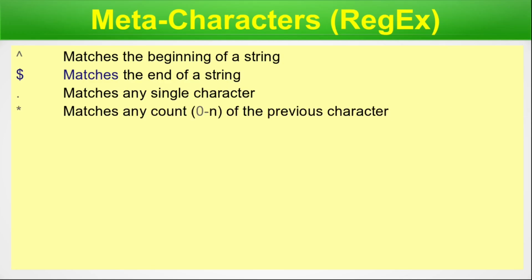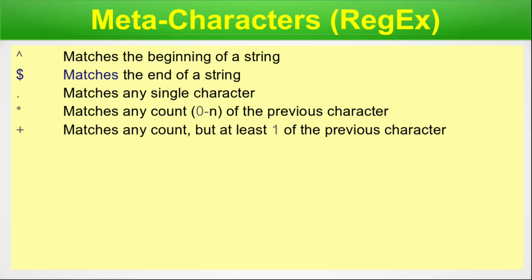Star matches with any count, that means 0 to n of the previous character. So if there is one character A followed by star, it means there could be any number of A. Plus matches the count but at least one of the previous character. So these star and plus have to come next to one particular character, and their count has to be matched, which is why these are different.